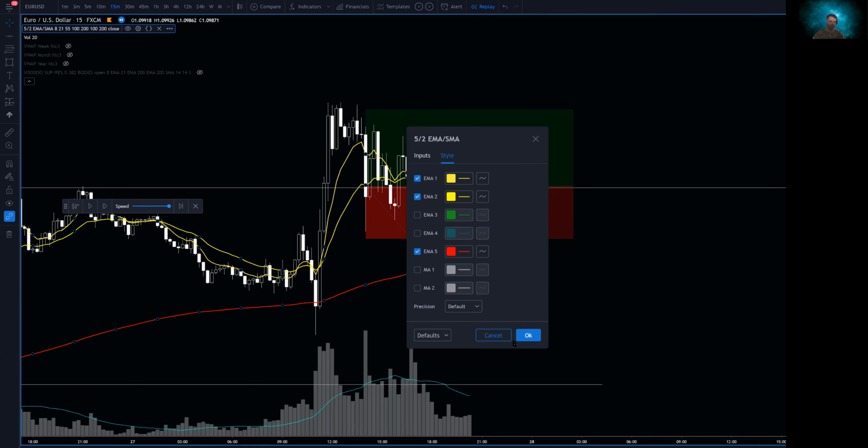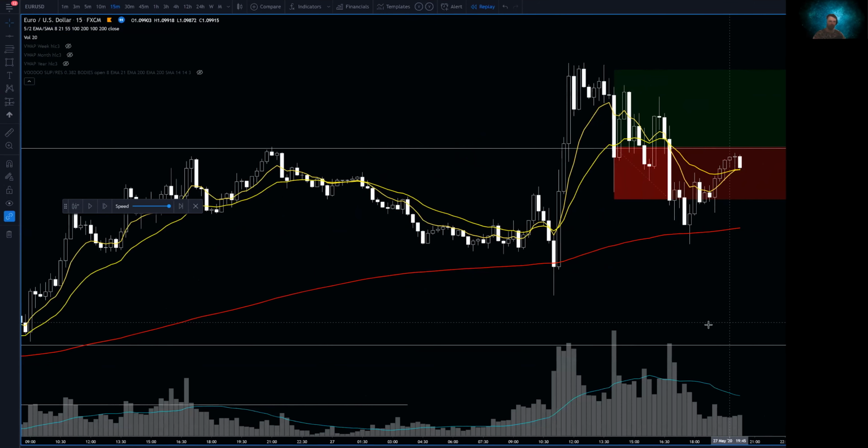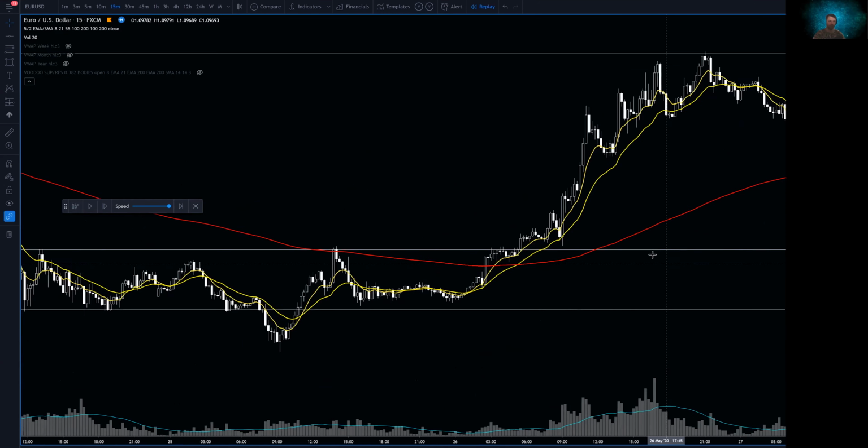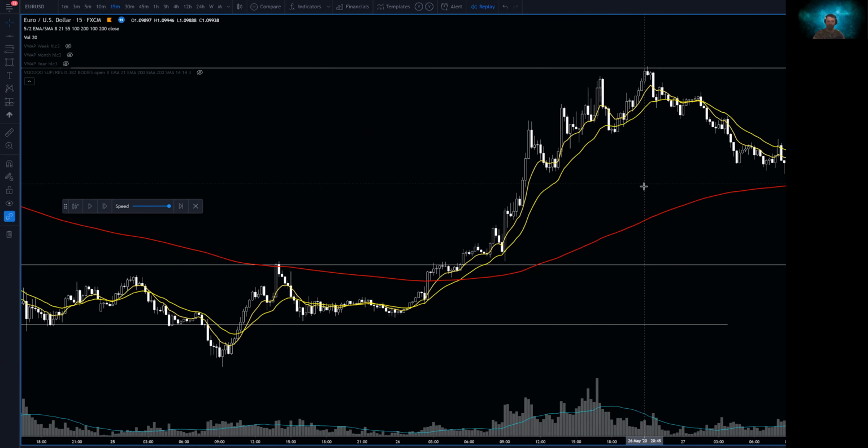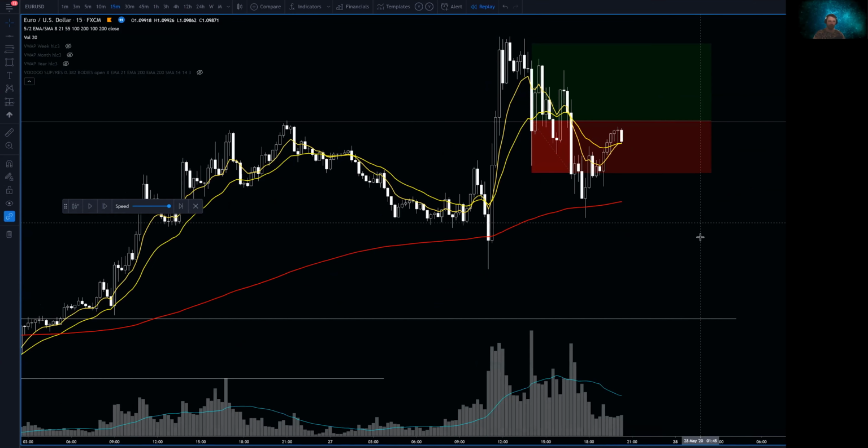It is good when you have a good, confirmed uptrend like this one, and you can see that there will be your entries, and you will be managing it with the 21. So it works the same. It would work the same with the 69 and 100. It will just provide you with fewer or more entries, or fewer or more mistakes.